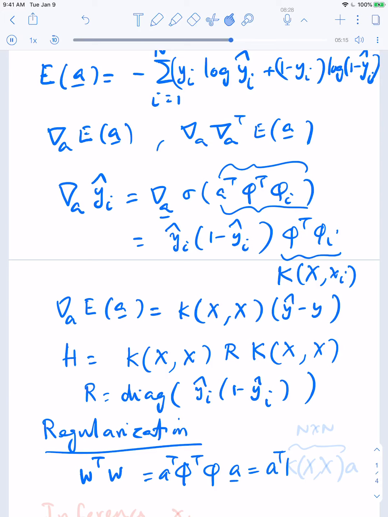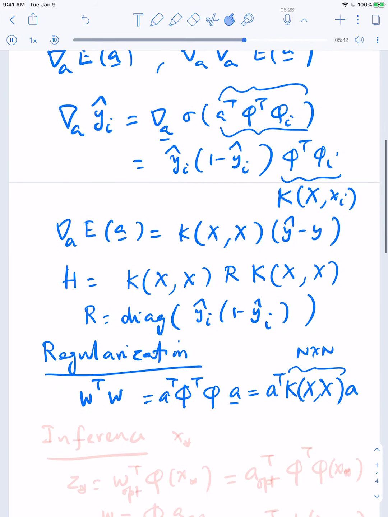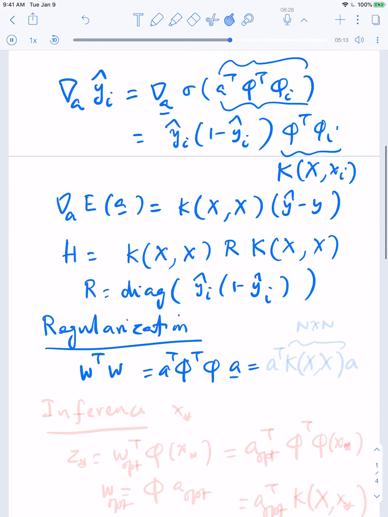This is just A transpose times the inner products between all the training feature vectors. This is an n cross n matrix of all these k(xi, xj) functions, times A. Then we have the gradient and Hessian of this term that contribute to the overall iteration. I'm not going to talk any more about these details. You can go look at the notes.